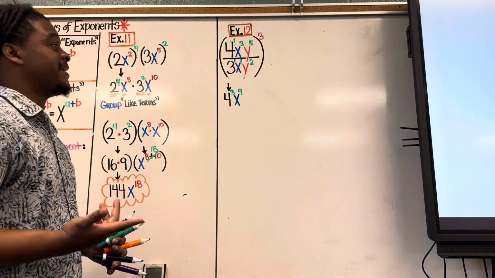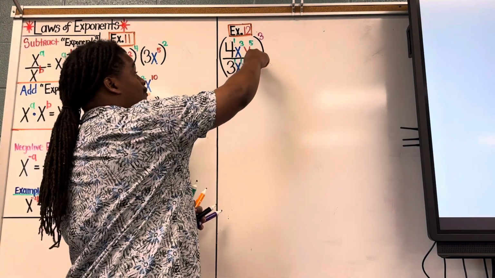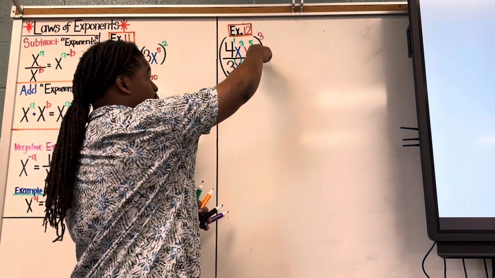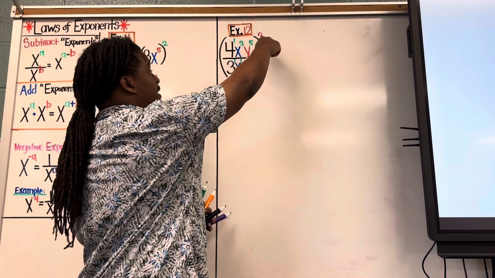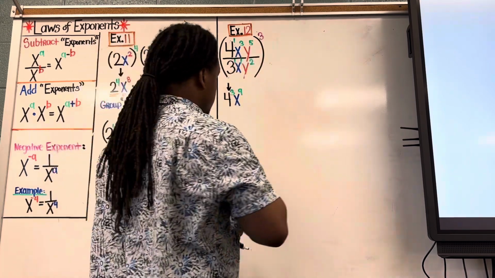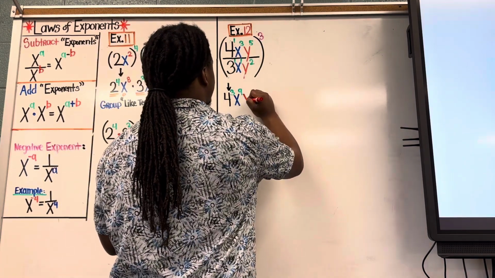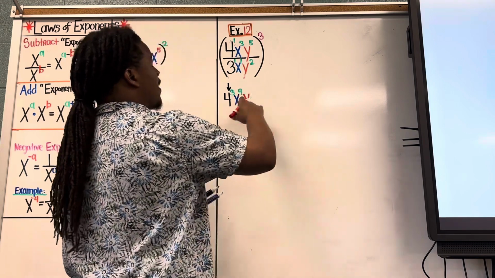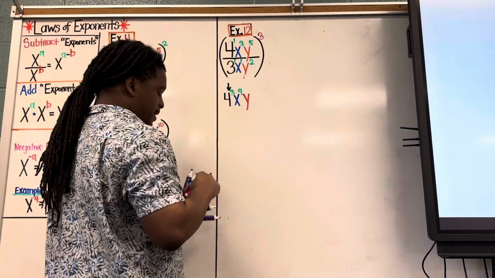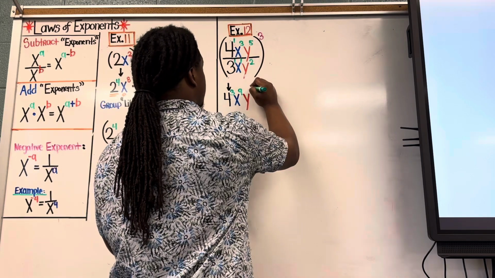Last but not least, at the top, I have y to the fifth power. I need to multiply this power of 5 by this power of 3, so I have y to the 15th power, because 5 times 3 is 15.